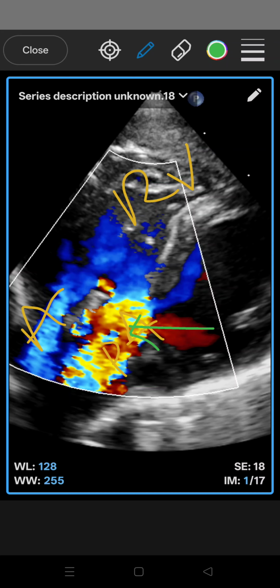Color flow becomes better when it is vertically oriented to the probe, not horizontally oriented. In this image, the flow from the left ventricle is horizontal to the pulmonary artery. That is why flow is not that prominent in this image, though all blood from the left ventricle is going into the pulmonary artery.